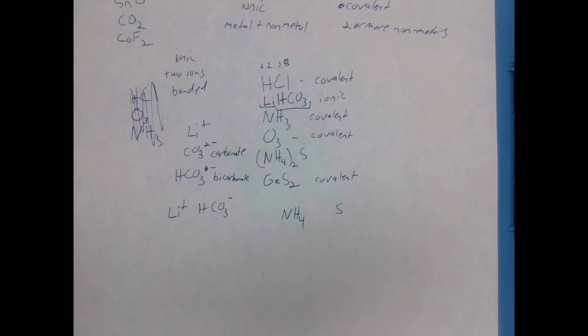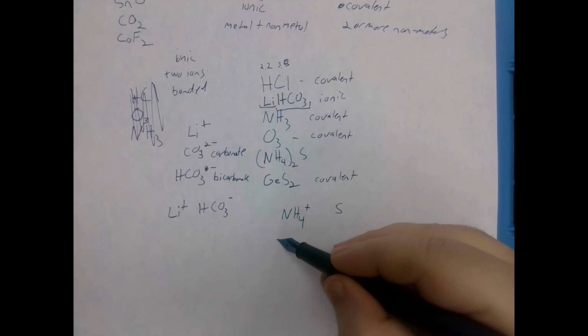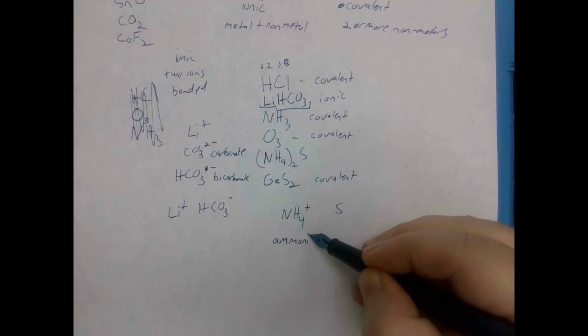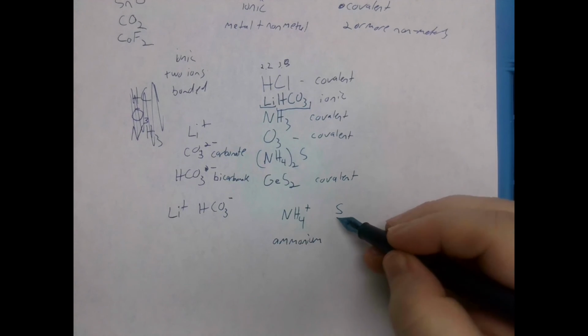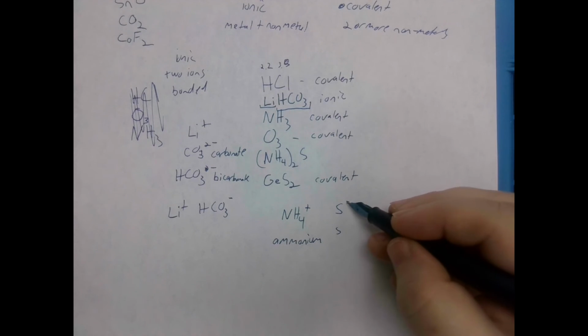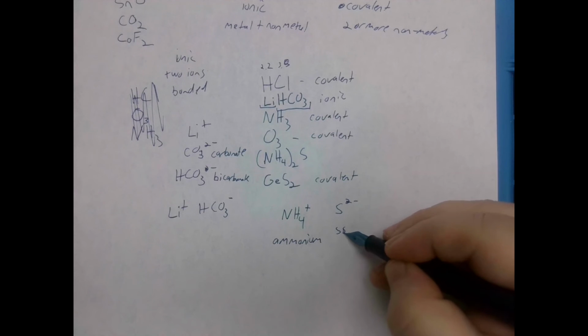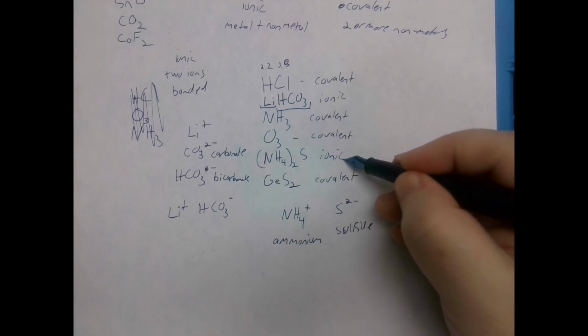It looks binary. What is this but ammonium? Or only positive polyatomic ion. And sulfur makes ions too. This would be sulfide. So this would be ionic.